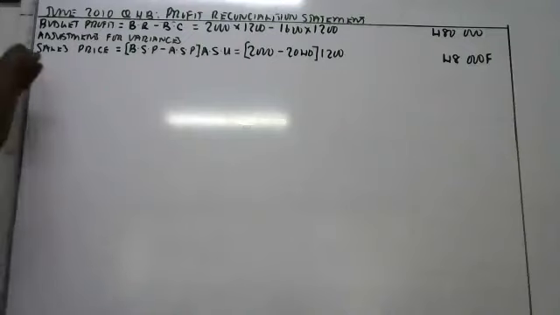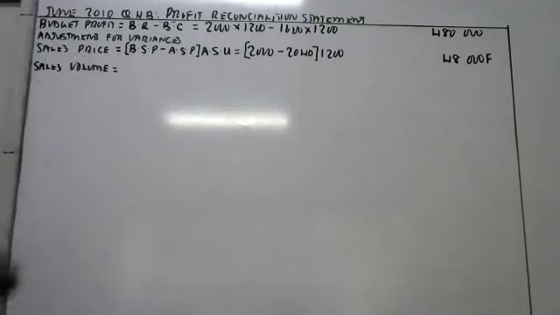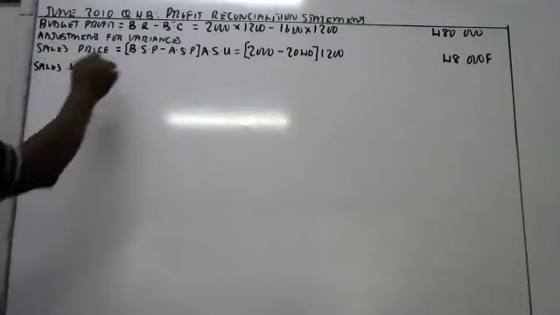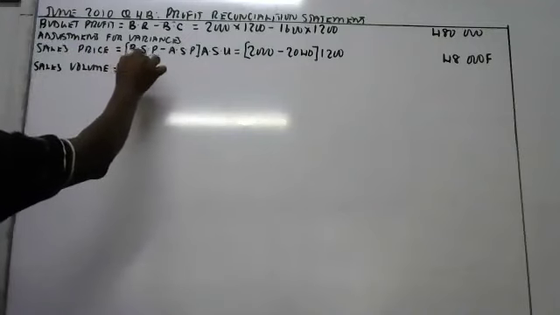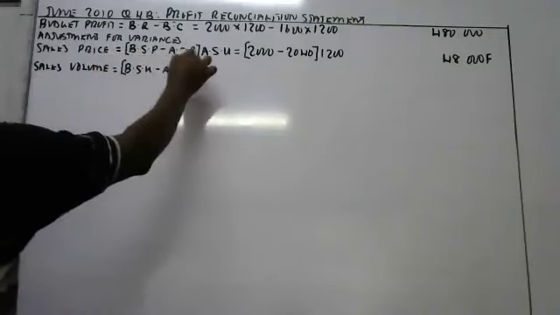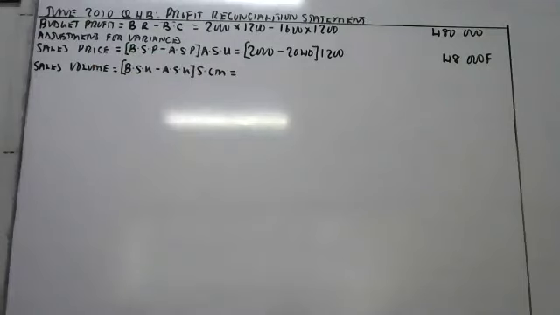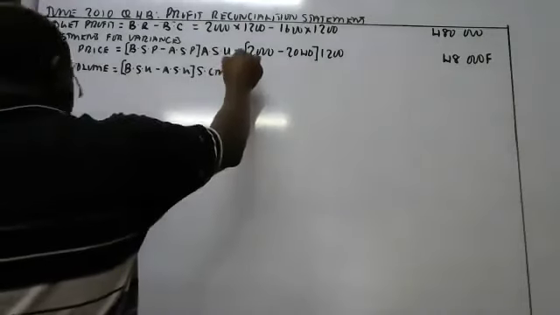Okay, then let us go to sales volume. Sales volume is given as budget sales units minus actual sales units. You multiply by standard contribution margin. So the budget sales units were 1,400.